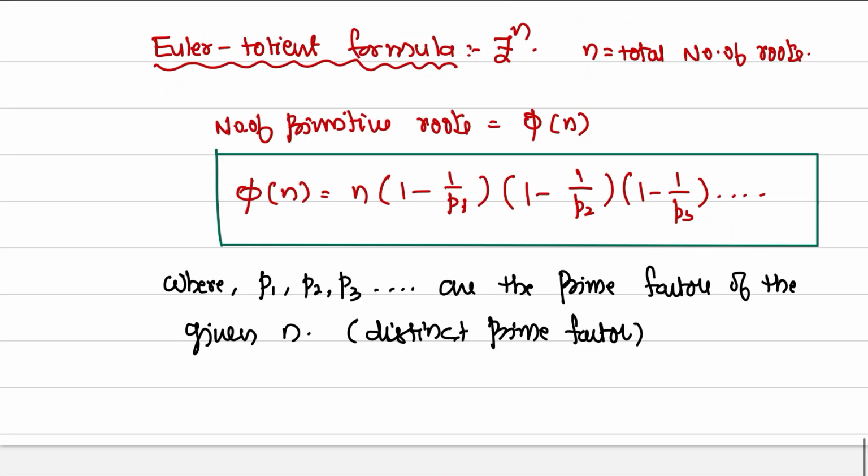Now, 276, how will you write? 276 is equal to factors of 276. Please do factors. It is divisible by 2. 2 into 276 by 2.